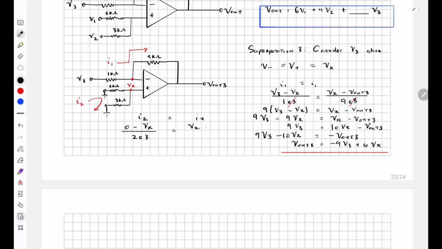So it's Vx minus 0 divided by 3 kilo ohms. We can see that the kilo ohms cancel out. So what we have left is Vx divided by 2 is equal to Vx divided by 3. Now you might say, oh, this doesn't make sense. Well, it does make sense. You will see what happens when we cross multiply.